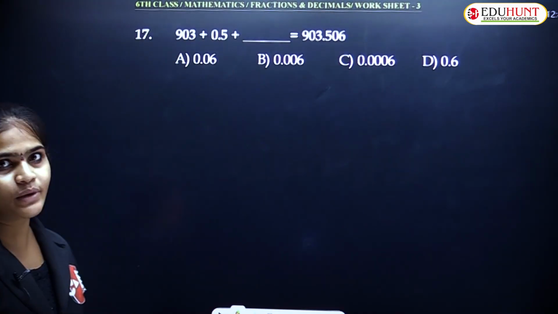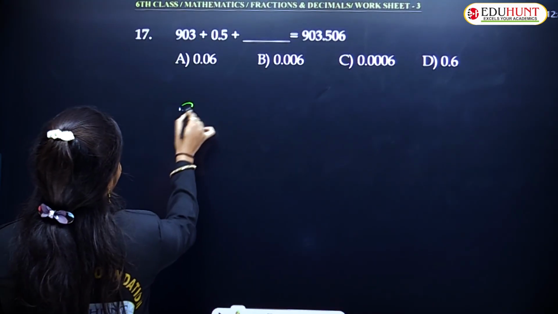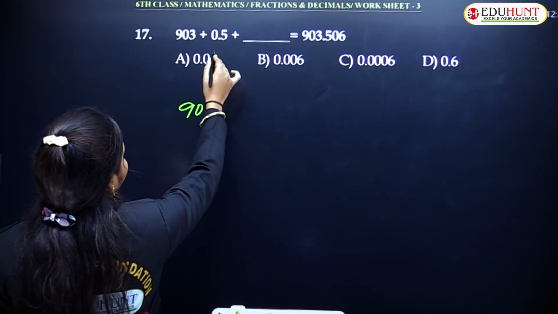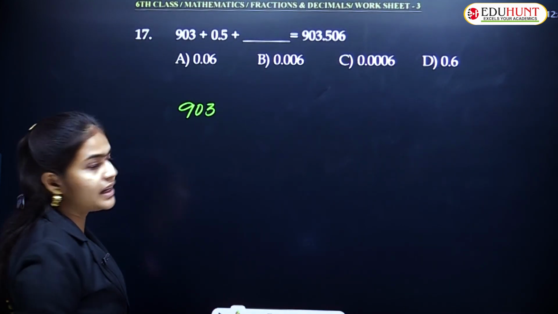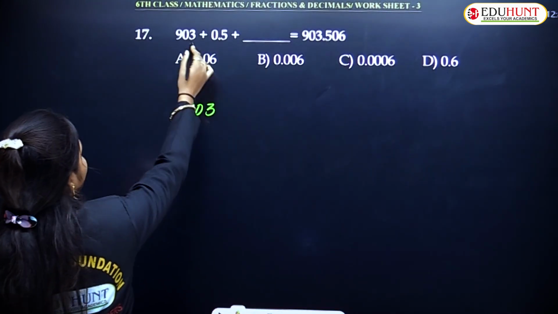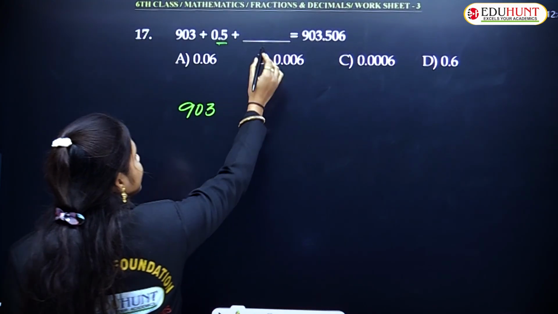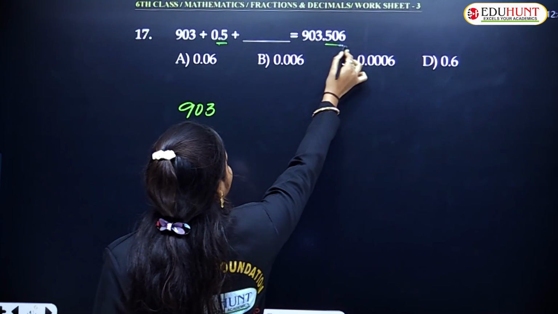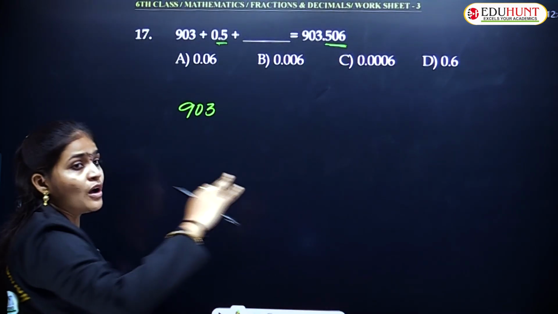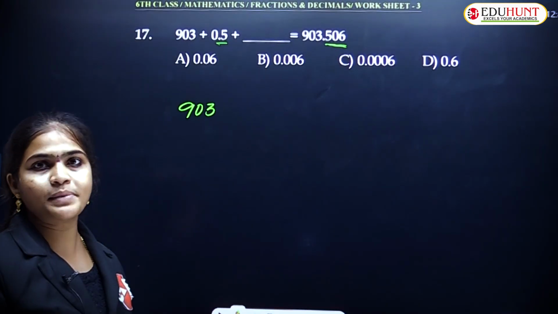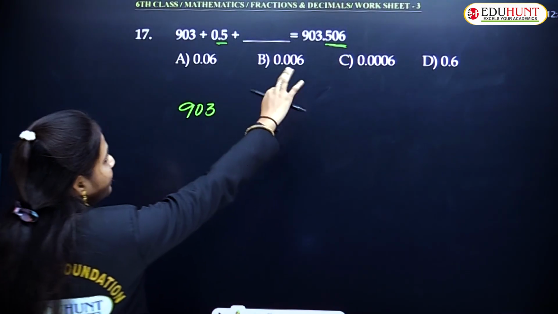Next, the 17th one. 903 and after the point some digits are there, no? Here after the point nothing is there. Here after the point only 1 digit. Here we don't know. How many digits are there? 3 digits. What is the highest number of decimal places here? That is 3 places only, no?